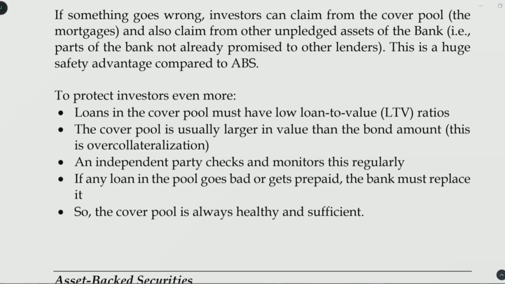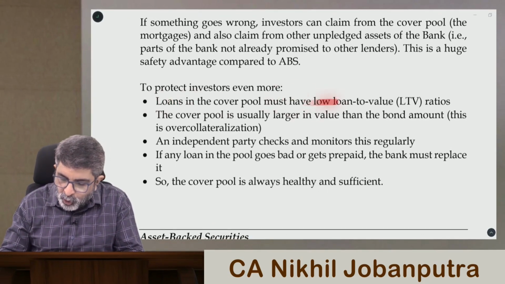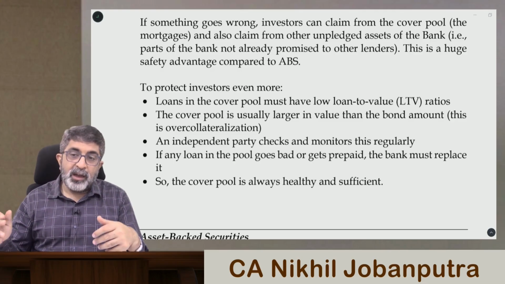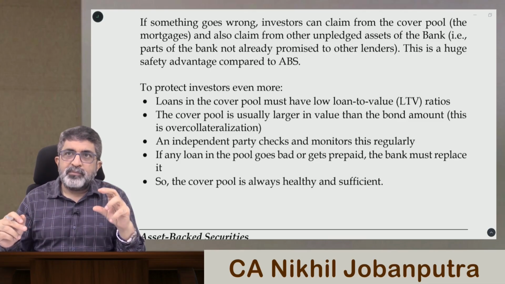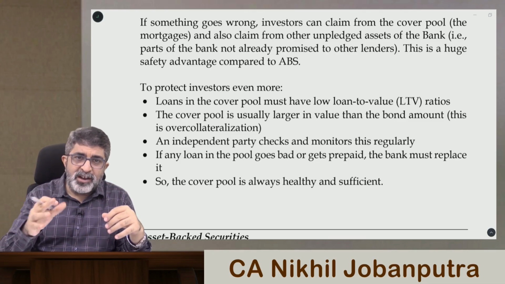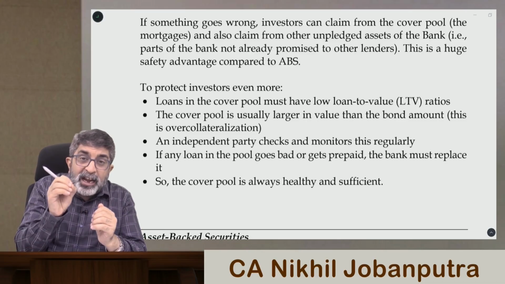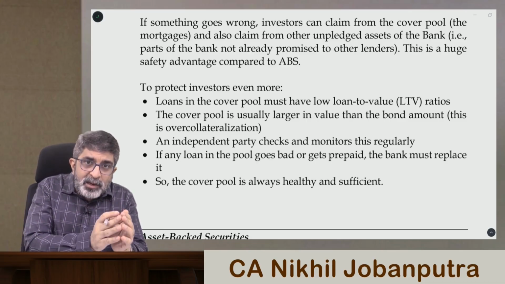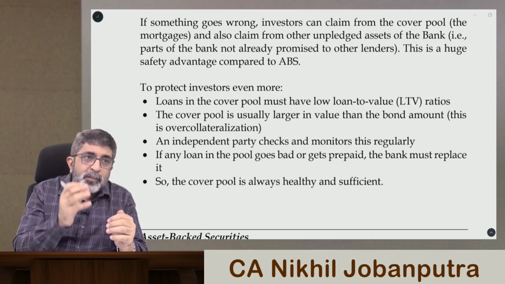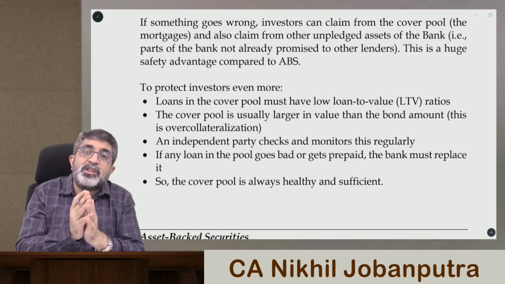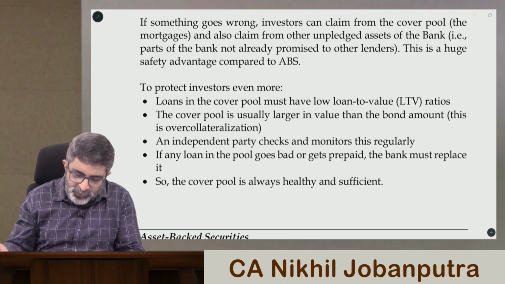Now what is this low loan to value ratio? Suppose the value at the backing is say $100, then the amount of loan is only $90. That gives you some additional support that our liability is lower than the backing of the asset. That means whatever be the risk, the asset backing is more than the amount of that liability, and that helps to bring down the risk of the investors ultimately.